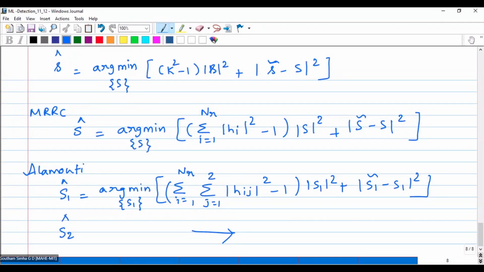So what it shows is, between MRRC and the Alamouti scheme, performance deterioration is happening in the Alamouti scheme, but that performance loss is compensated with the reduction in computational complexity, or the reduction in using CSIT. That is the thing.